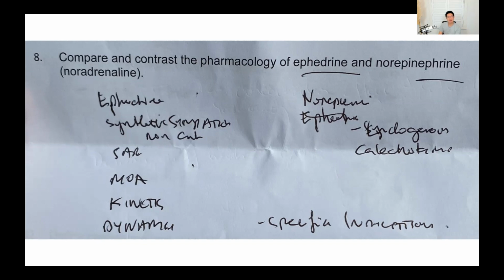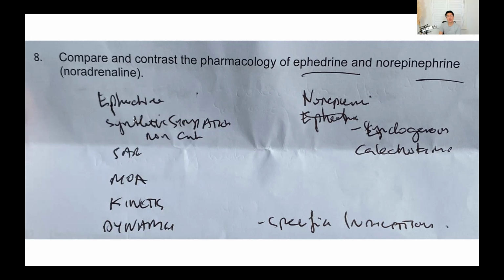Look, the downside of doing that is that you have to repeat ephedrine and noradrenaline multiple times throughout this discussion. But the advantage of that is that you are actually comparing and contrasting it.